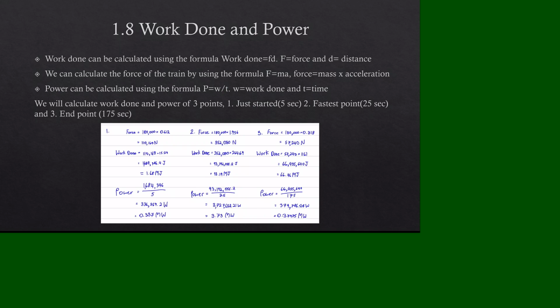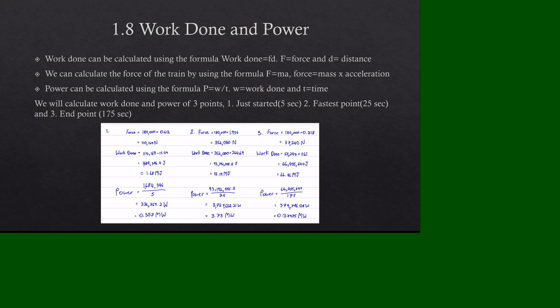Changing that into a bigger unit would be 1.68 megajoules. The power is calculated by taking the work done, 1,600,000, as I've said before, divided by 5, which equals 0.337 megawatt.